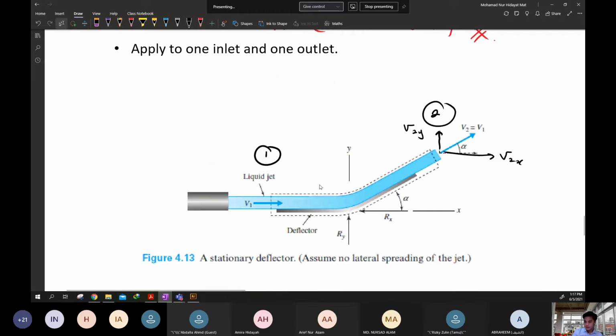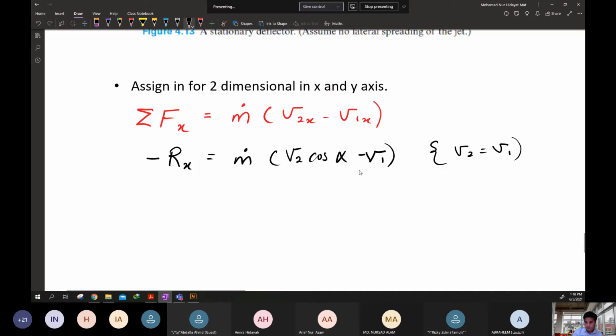V1x, so this V1x is equal to V1. We know that V2 is equal to V1. Can I factorize V2? This is equal to V1. So I know already ṁ, and this replaces V1. Finally, cos alpha minus 1. That's it. Anyone? Do you have any questions so far pertaining to the force in the horizontal component?